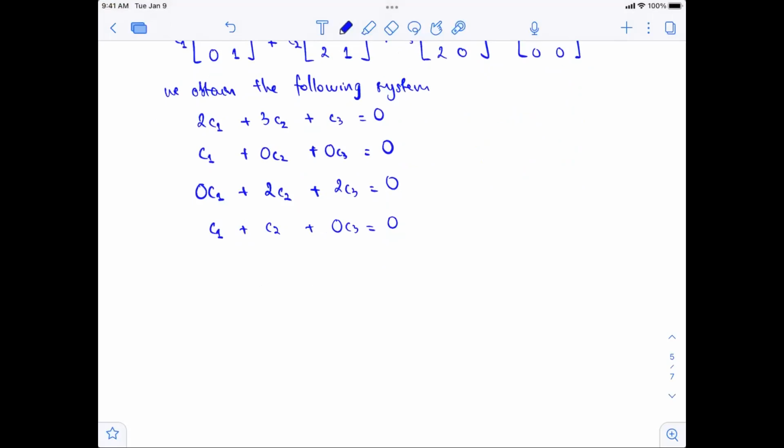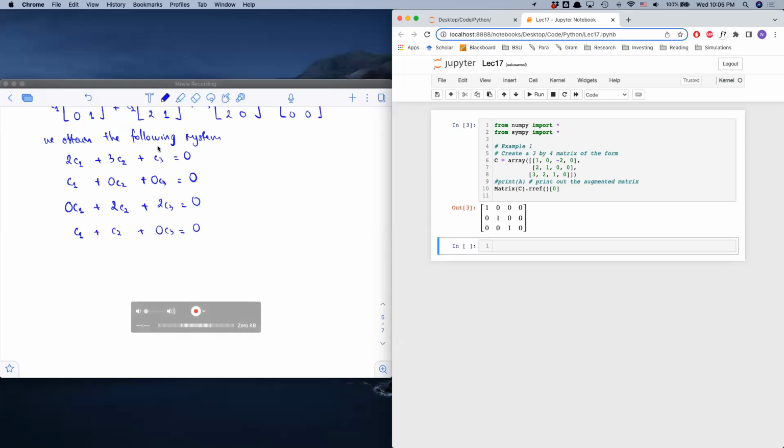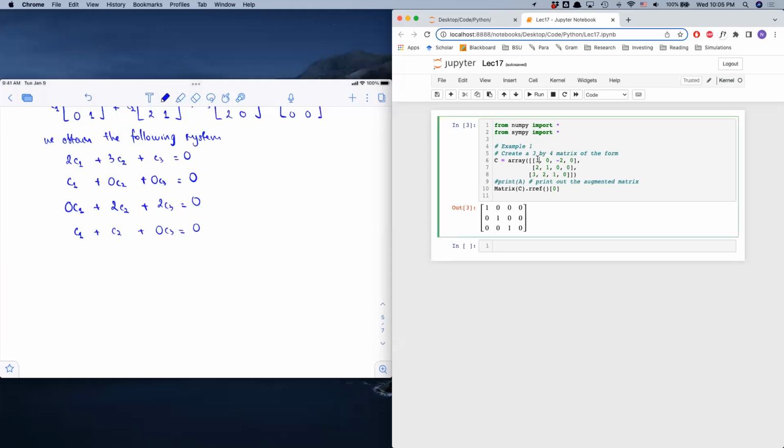Now again, we can solve this by hand or we can utilize Python to help with calculations. So I'm going to turn this system into an augmented matrix, plug that into Python, and it's going to give me the answer for C1, C2, and C3. All right, let me turn to Python now. We turn this system into an augmented matrix: 2, 3, 1, 0 for the first equation.